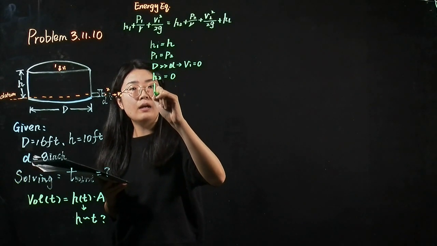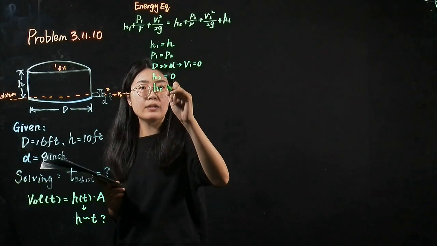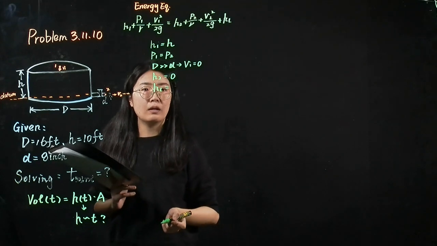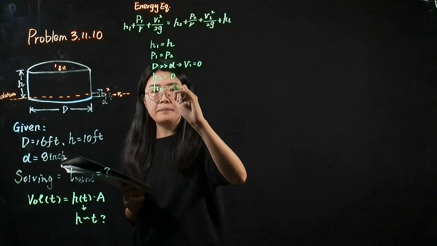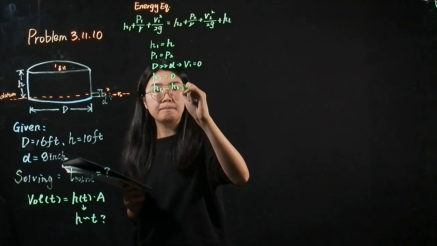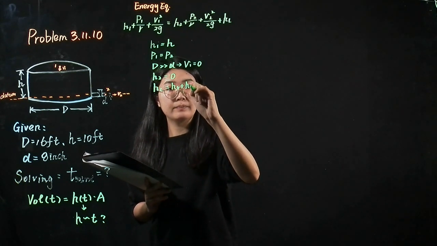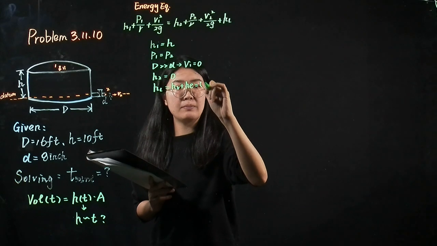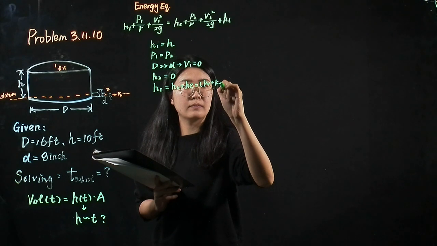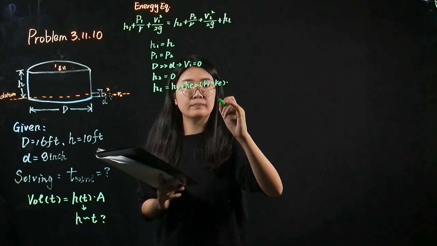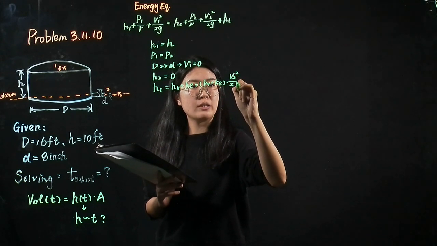Because the friction loss is negligible, the head loss is equal to the loss caused by the valve and the square-edged entrance. These 2 terms can be represented by their coefficients times V2 squared over 2g.